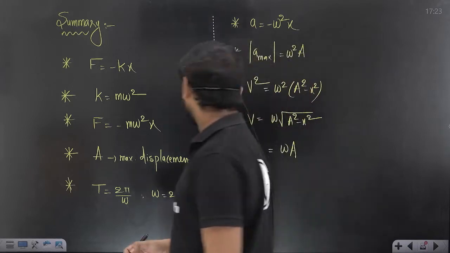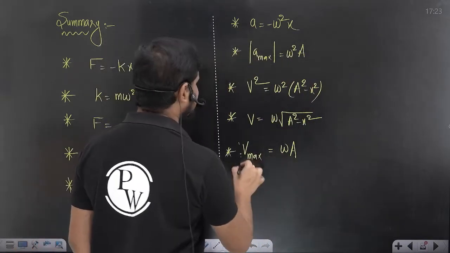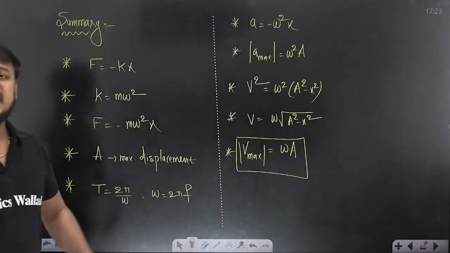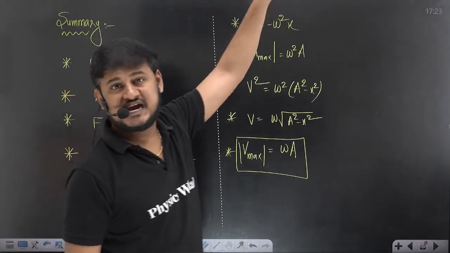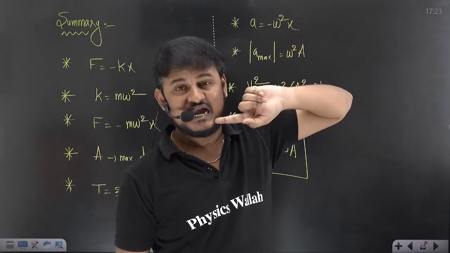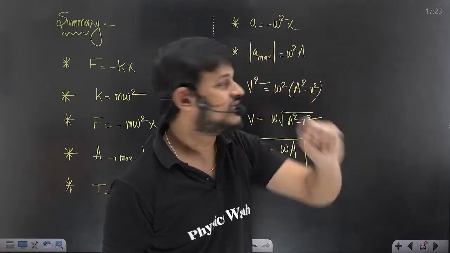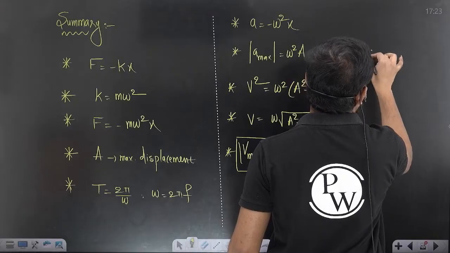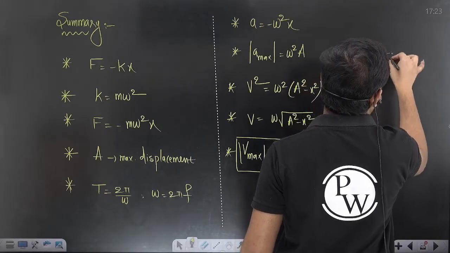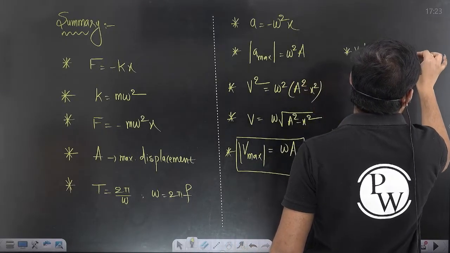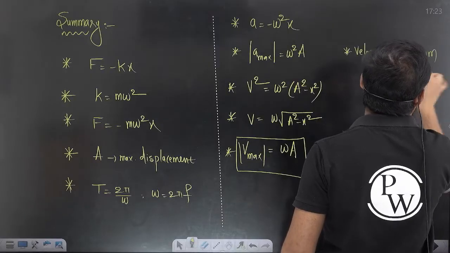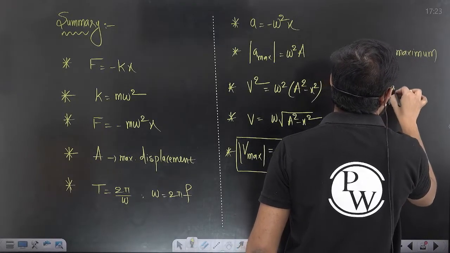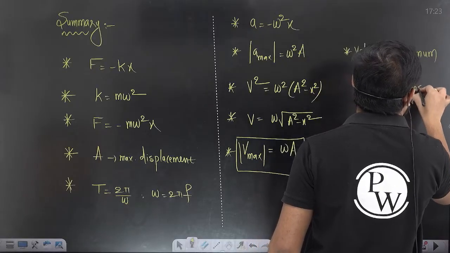The maximum velocity occurs at the mean position. Remember this one: the acceleration will be maximum at the extreme positions and velocity will be maximum at the mean position. I'll write that point. The velocity is maximum at the mean position.